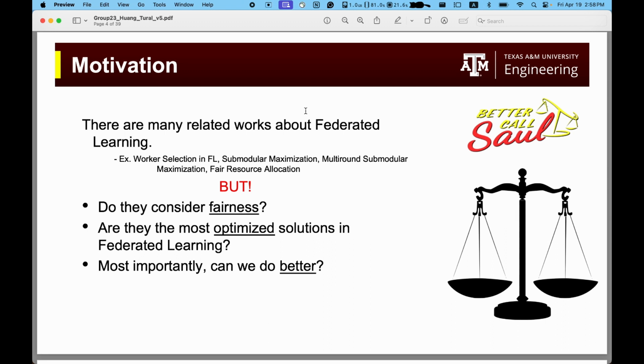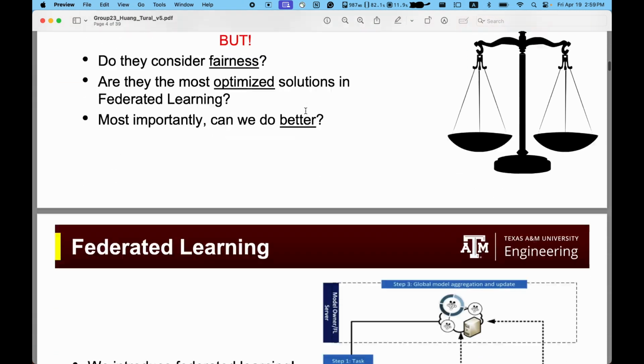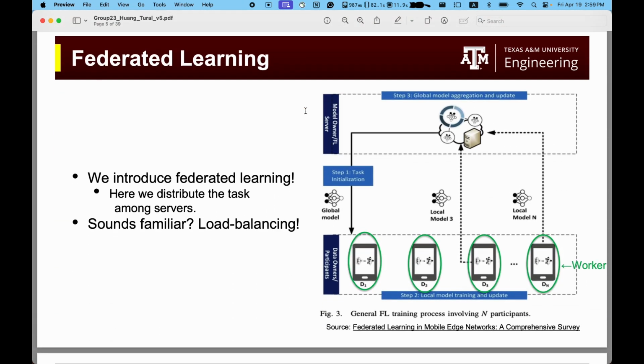So our paper introduces a new concept to the federated learning field, which is including fairness. By including fairness, we also ensure that our solution is the most optimized solution within federated learning, and also that we do better than all of those past papers. Now I will pass it to my teammate, and he will introduce more about federated learning and algorithms.